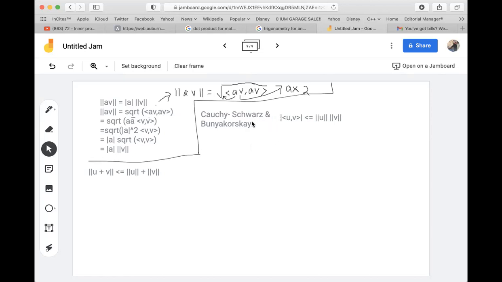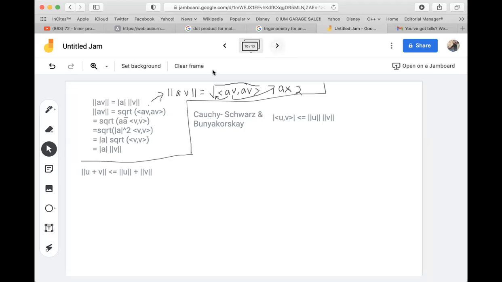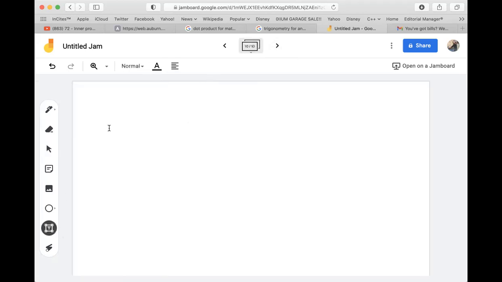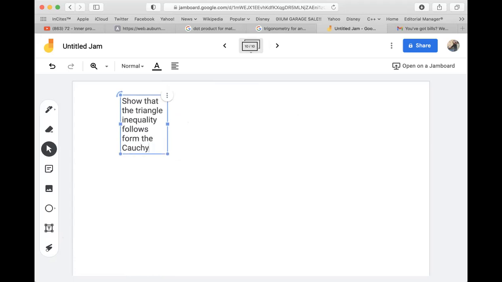Okay, so now we will show. The aim is for us to show that the triangle inequality follows from the Cauchy-Schwarz. How do we say it?